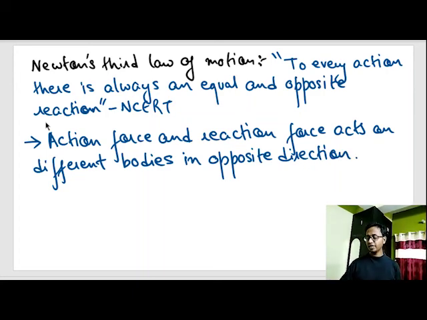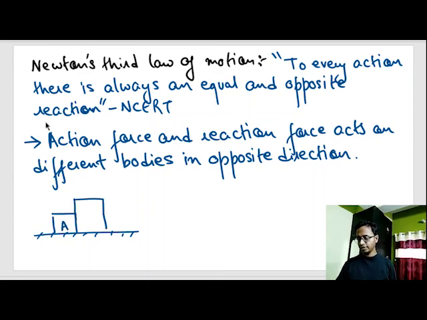So what do I mean by this? Let's take an example. Suppose there is a block and there is another block kept side by side. These blocks are not attached, but they are kept together.